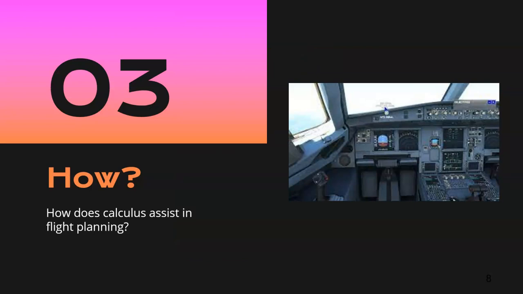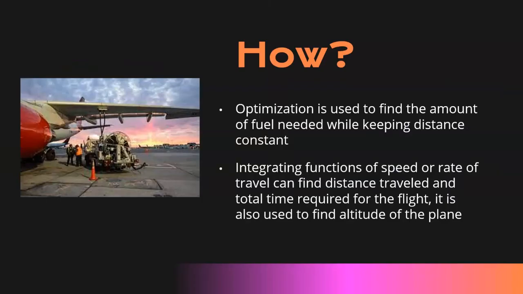How does calculus actually assist in flight planning day to day? Well, optimization, differentiation, is used to find the amount of fuel needed while keeping distance constant. They need to go the exact distance of, let's say, 2,000 kilometers, and people need to find how much fuel they need for that, so they can use calculus.